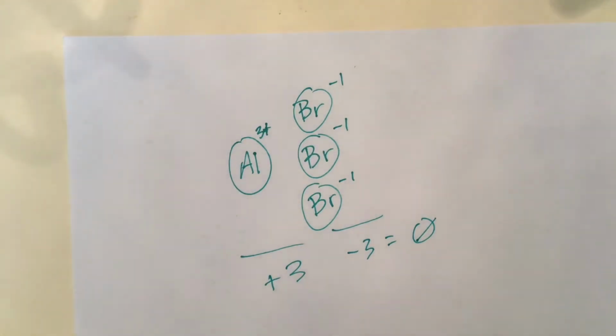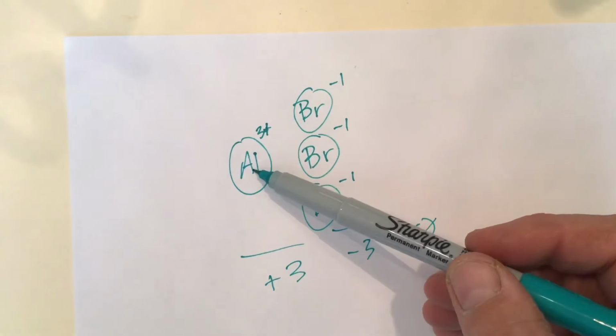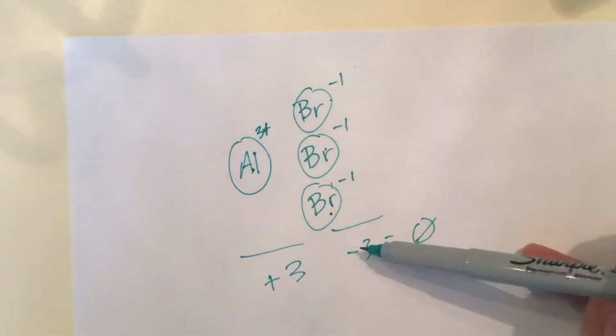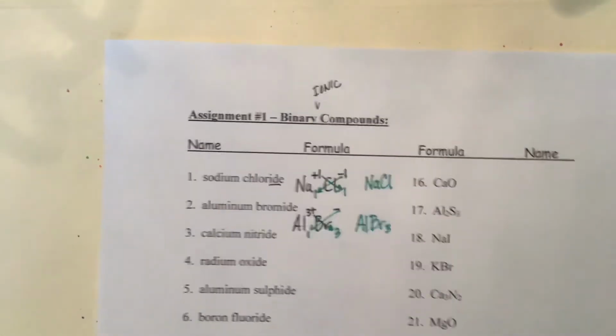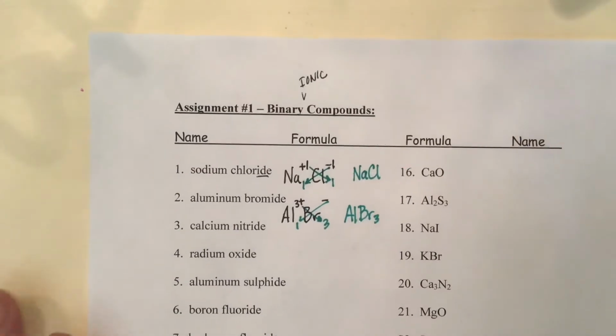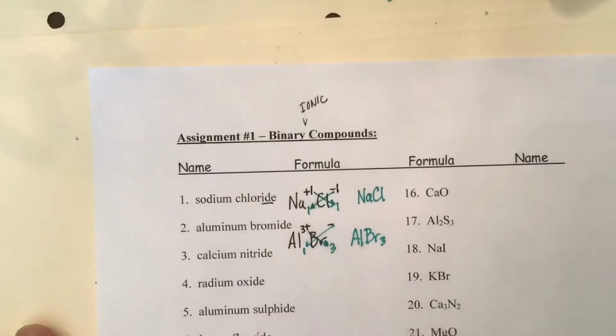The net charge of an ionic compound has to be 0. Aluminum's +3, each bromine is a -1, +3, -3, 0. That's one of the key things about ionic compounds, is the net charge is going to equal 0. Okay, the positive and the negative charges are going to cancel.